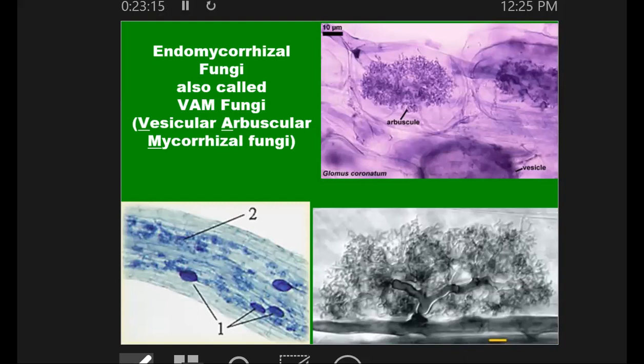The fungi can also form arbuscules. If you look up that word, it means dwarf tree. If you look at that lower right image, that's a great electron microscope image of a dwarf tree. That's what it looks like. So that's an arbuscule. Again, that's just all fungal hyphae that differentiates in this tree-like or shrub-like growth pattern.